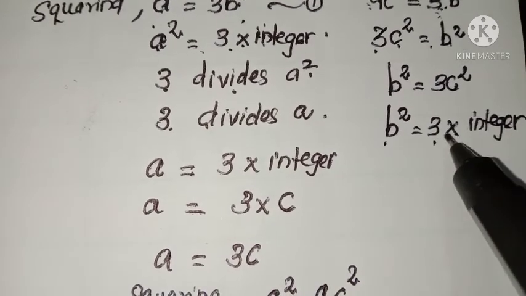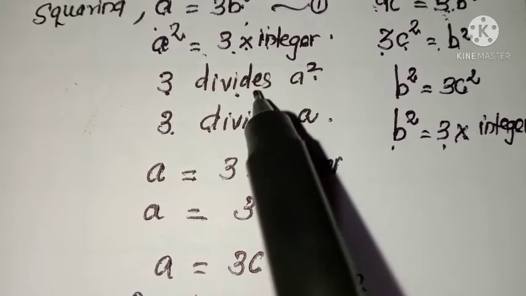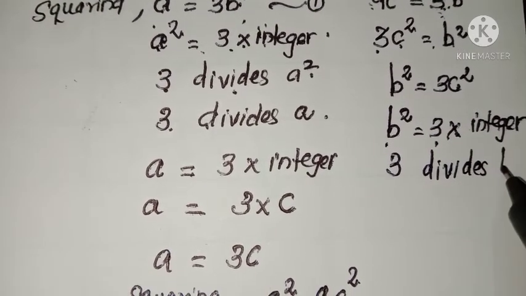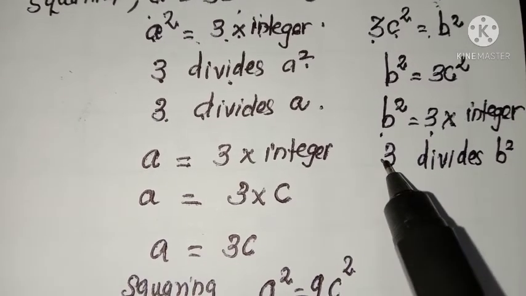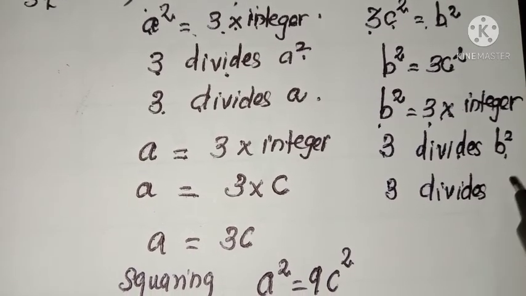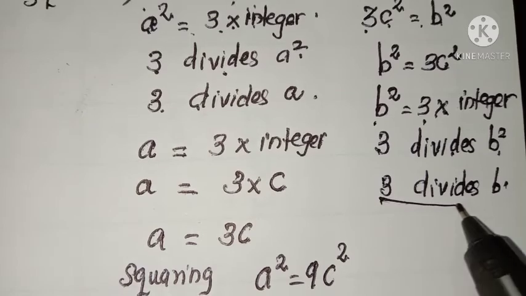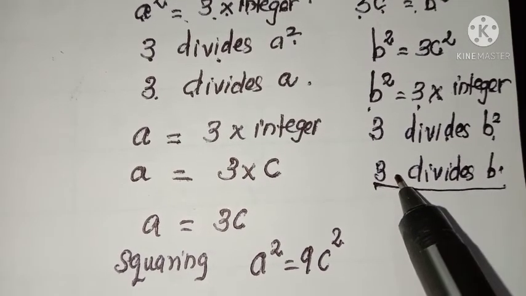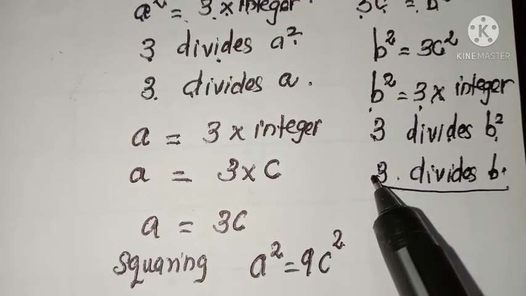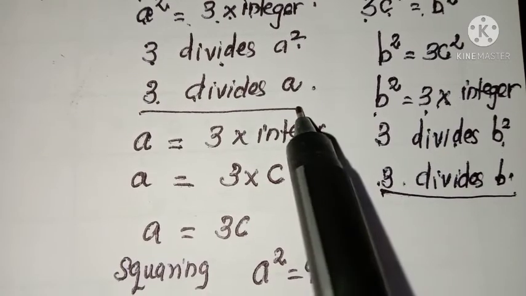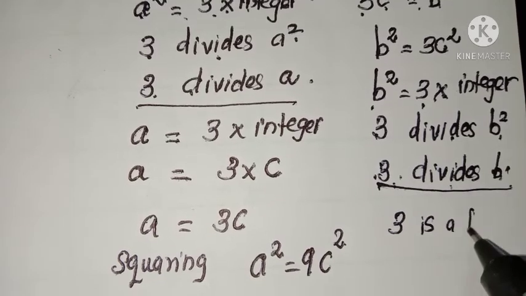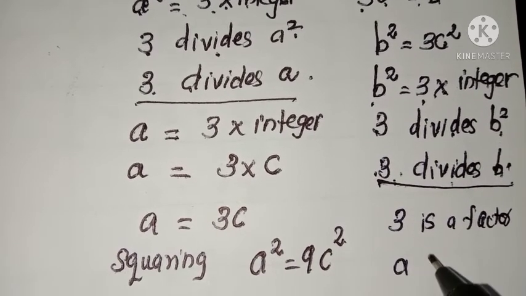So b² equal to 3 into an integer means, listen, the same procedure. 3 divides b². Now by the theorem, if 3 divides b², then 3 divides b. 3 divides b means 3 is a factor of b, or b can be written as a multiple of 3. So look here, 3 divides a, 3 divides b means 3 is a factor of both a and b.